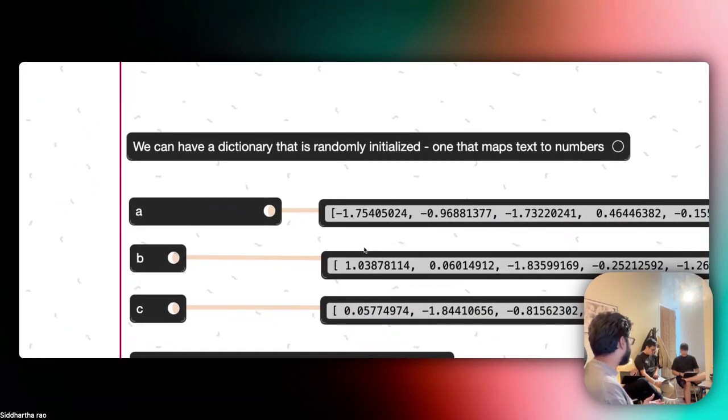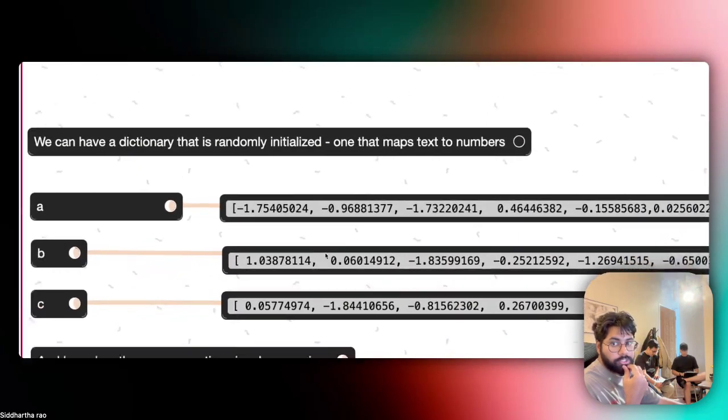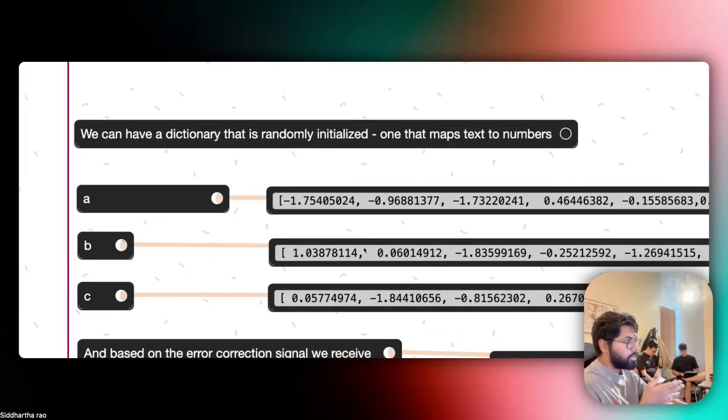We want to transform text that is symbolic and discrete into something the world of numbers can understand, which is why we started with dictionary mappings which map these characters to a vector of numbers, initially randomly initialized. But over the course of training, we tune these vectors to capture the meaning of the alphabet.